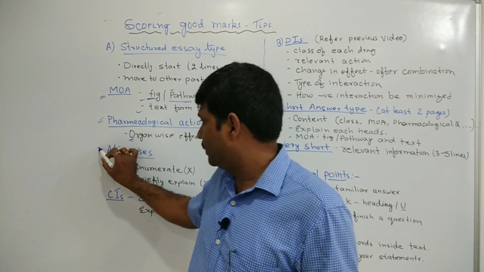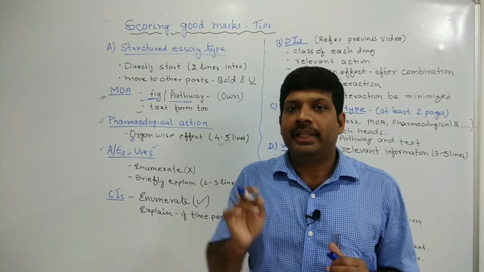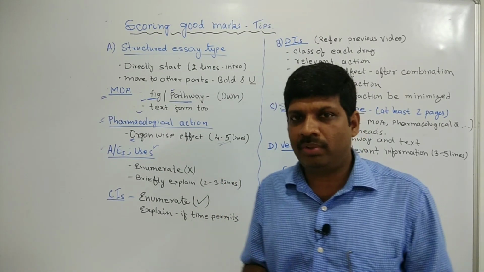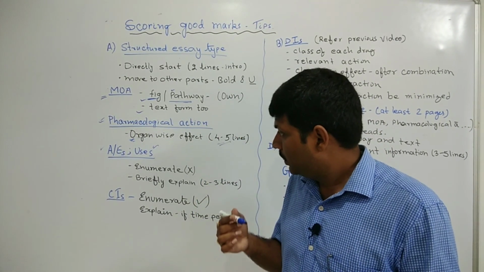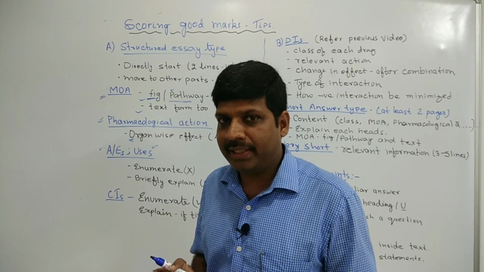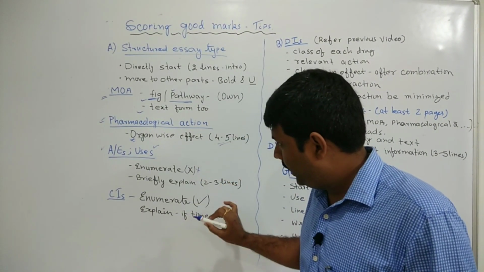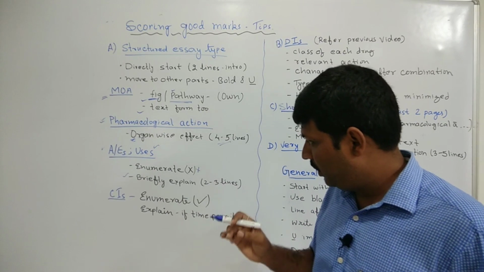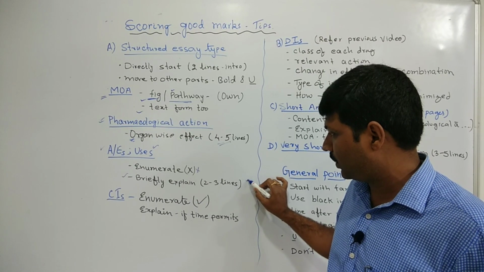Now the next part, adverse effects and uses. Usually what a student does is just enumerate 5 or 7 uses and 3 or 4 adverse effects. To get better marks, the students who are smart and know how to write answers do not just enumerate. They write point-wise and briefly explain, at least 2 lines for each use or adverse effect.